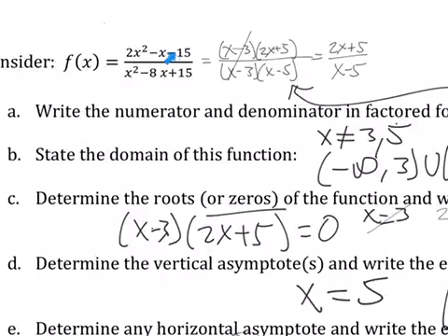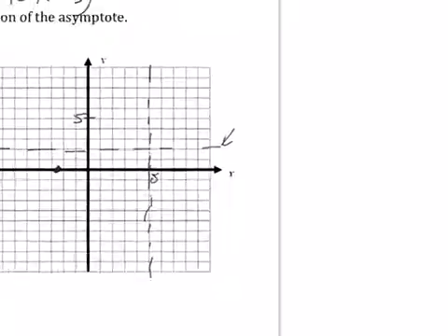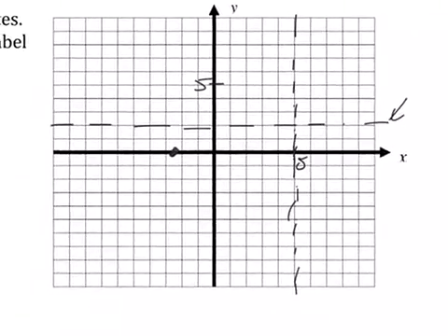And when those get wiped out, we're left with a -15 over 15, which is -1. That's our y-intercept. So let's graph that y-intercept here. Y-intercept of -1. There it is.